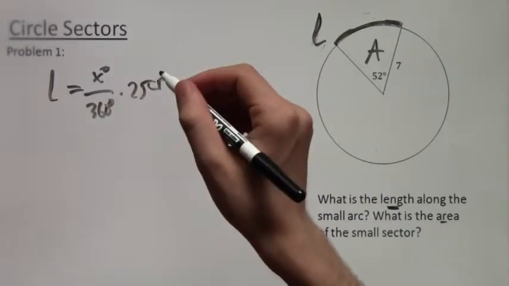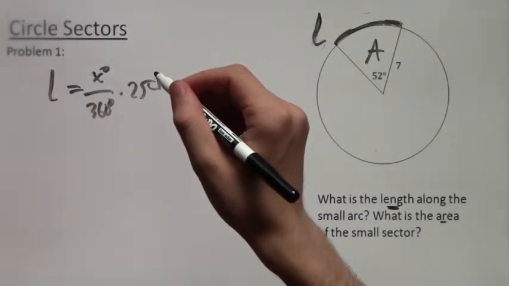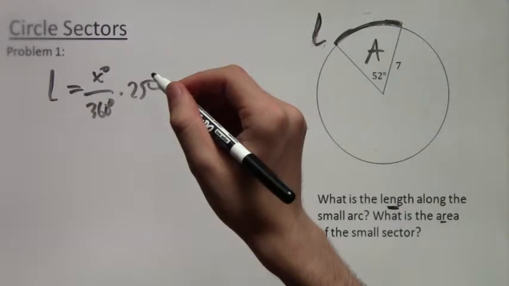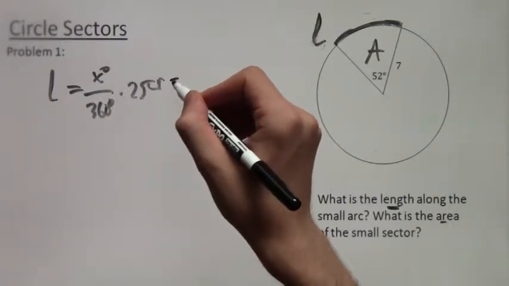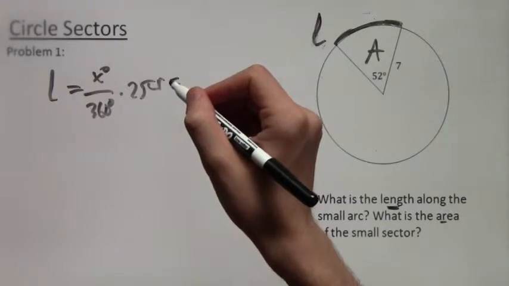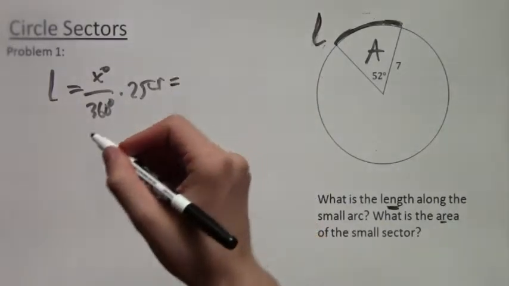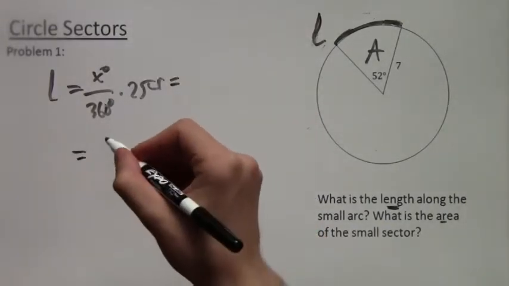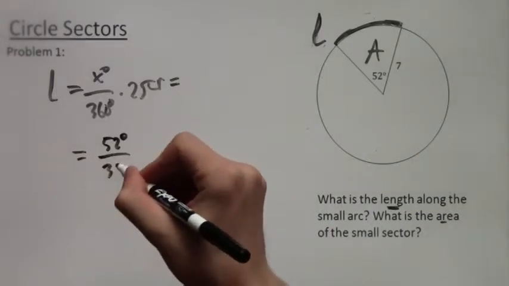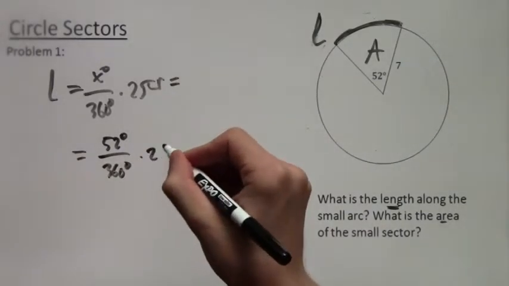And now we plug in values. As we can see, x degrees is 52 degrees, so just plug in 52 there. So it's 52 degrees over 360 degrees times 2 pi, and the radius is 7.